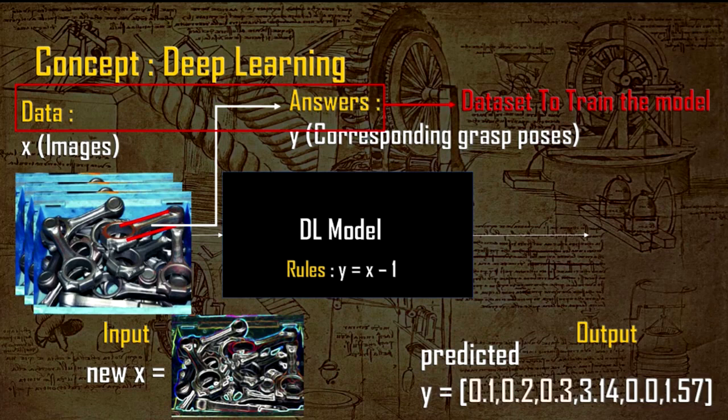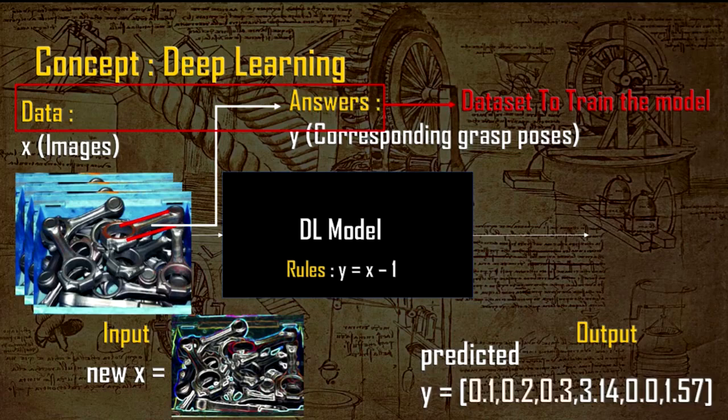So what is it that we are feeding? This is important to know: for this particular pipeline, and this is a very simplified one, we feed sets of images captured of random heaps. So we generate random heaps and capture lots of images, and then we label a particular grasp position manually.